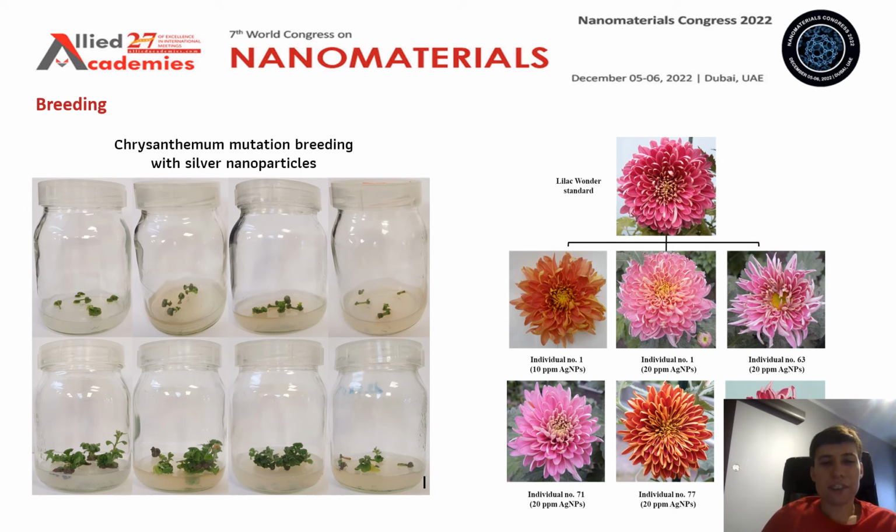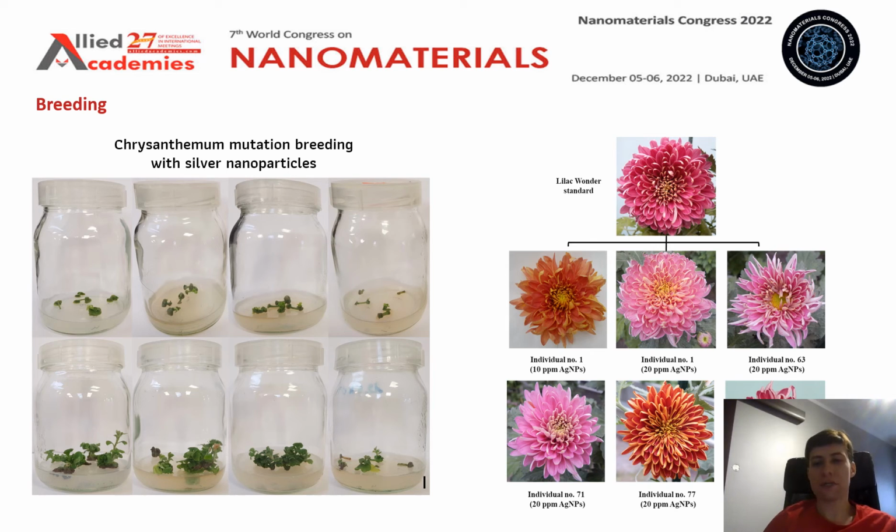For this purpose, we used silver nanoparticles applied at high concentrations, up to 100 ppm. And here we again tested the effect of nanoparticles on the genetic stability of chrysanthemum plants that were regenerated in the presence of those nanoparticles.